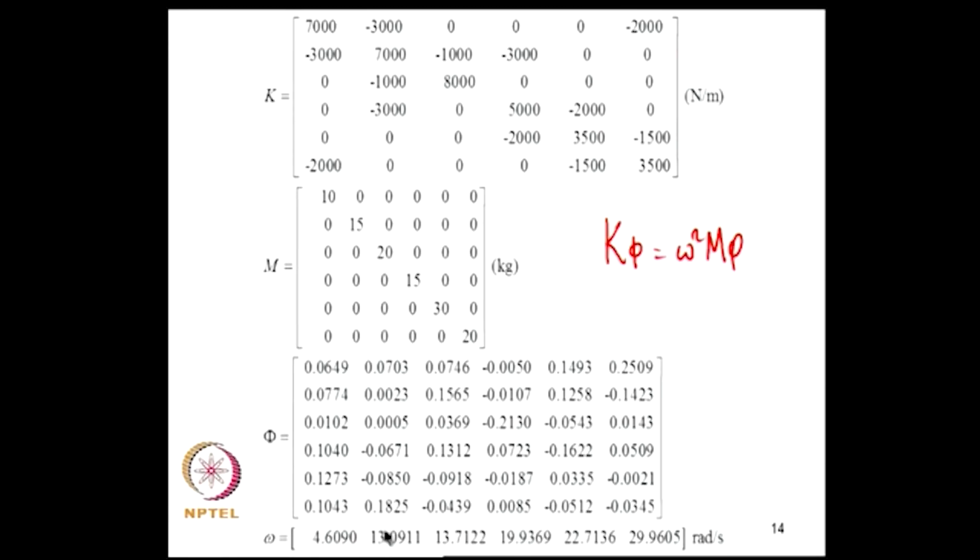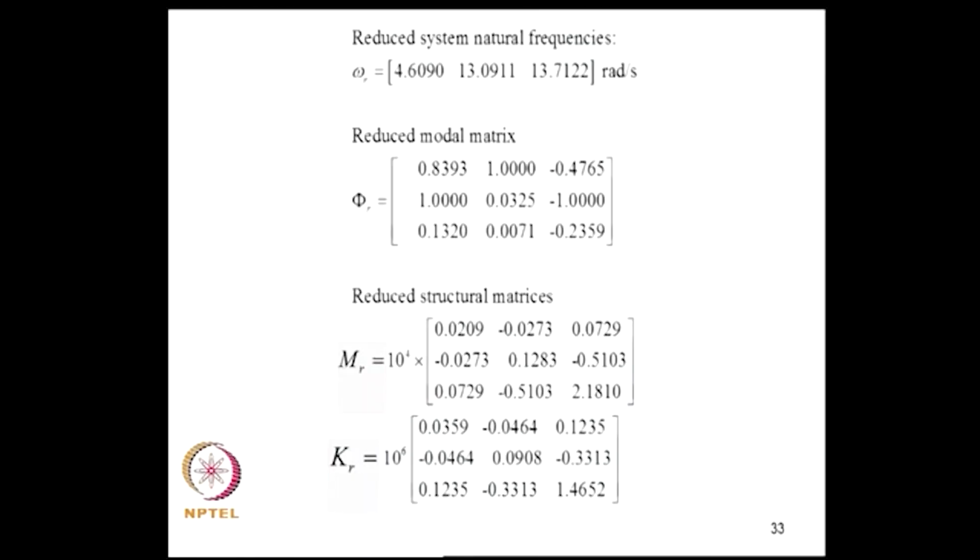It is precisely, mathematically exact. This is the reduced modal matrix and I get the reduced structural matrices as shown here; this is psi transpose m psi, this is psi transpose k psi.